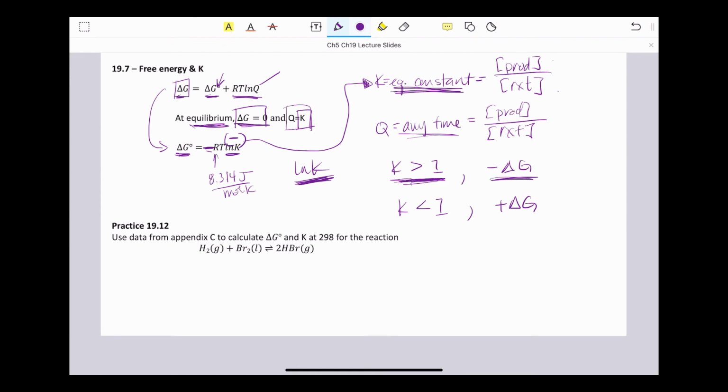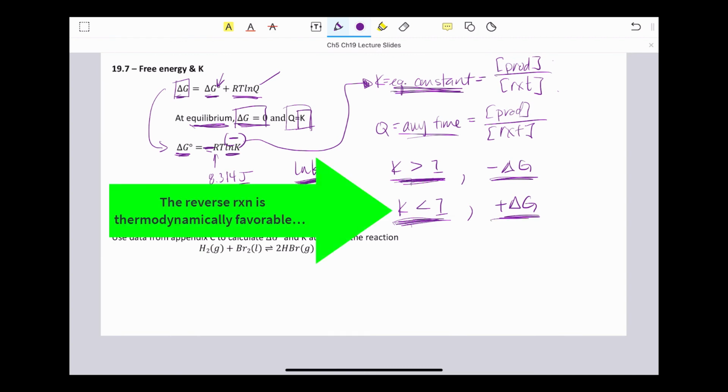Whereas if K is less than 1, at equilibrium, where the reaction comes to rest, there is more reactant than product, which is not thermodynamically favorable. All right.